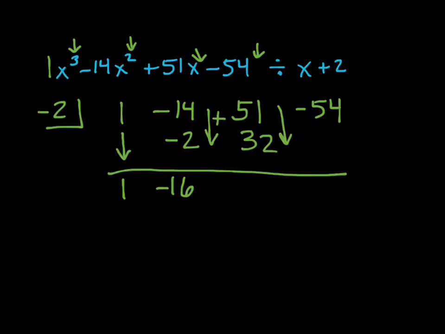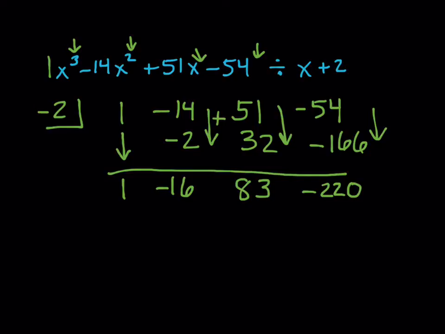Then you carry these numbers down by adding, so that's 83. Then multiply 83 times -2, and that's -166. Then carry these down by adding, and that's -220. Those numbers should look a little bit familiar. They're the ones that we got when we did this using polynomial long division.